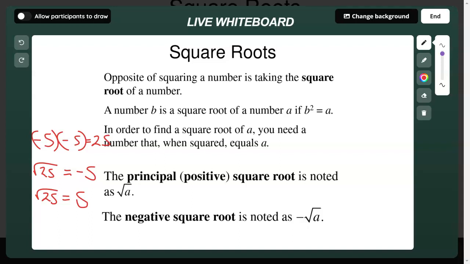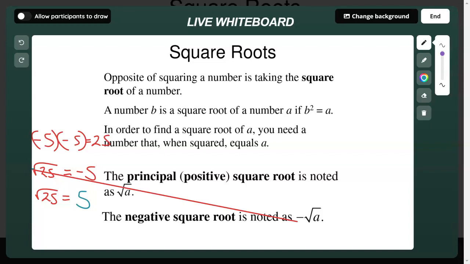So if I want the square root of 25, but I want the negative square root, then I need to write it as the negative square root. The negative square root of 25 is negative 5, and the principal square root of 25 is 5. So we're going to indicate whether we want the principal or the negative. The problem will tell you.